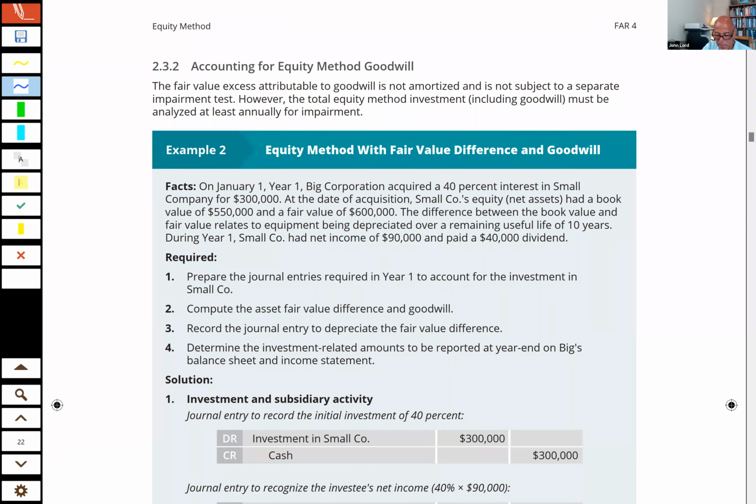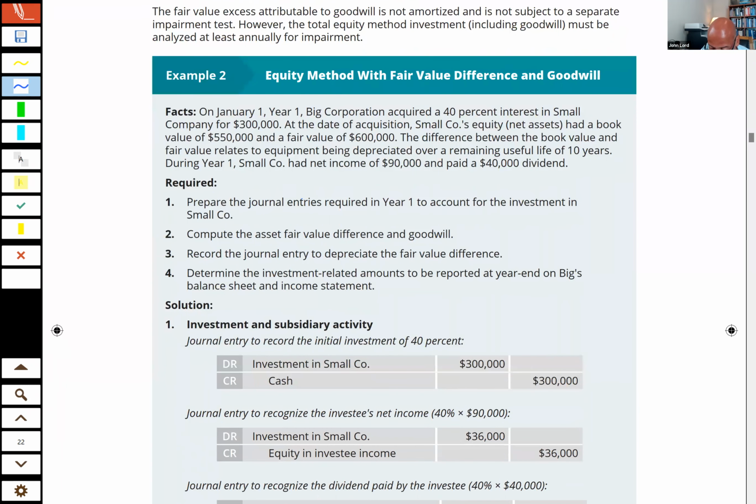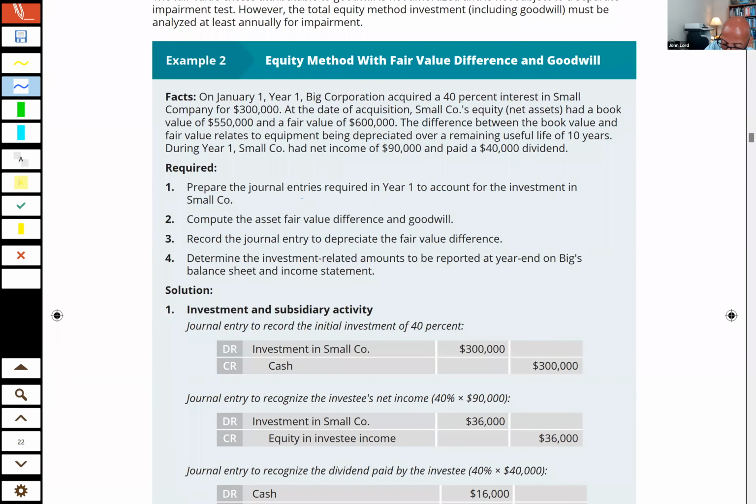They tell us that on January 1st, year one, Big Corporation acquired 40% of an interest in Small Company for $300,000. Fine. Debit the investment, credit cash.